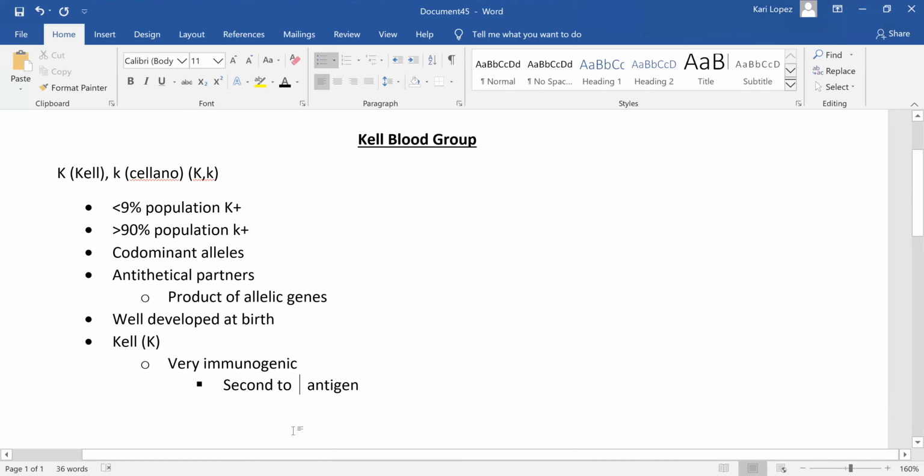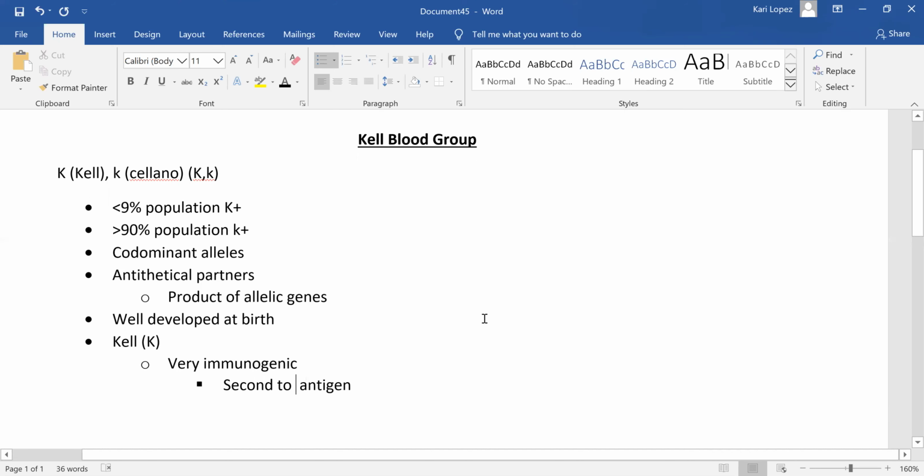What is the most immunogenic blood group antigen? Could you give us an example or give us choices?